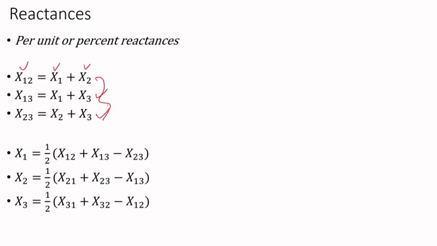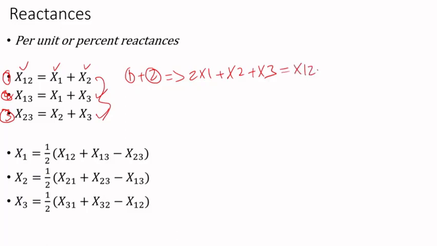If I call these equations 1, 2, 3, and you take 1 plus 2, it will give you 2X1 plus X2 plus X3 is equal to X12 plus X13.